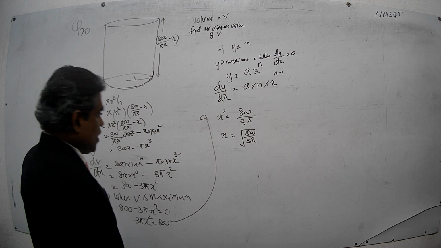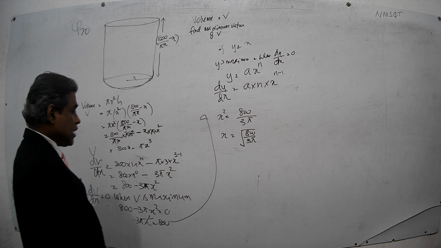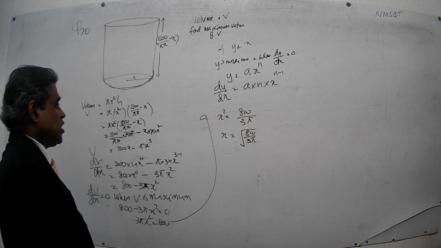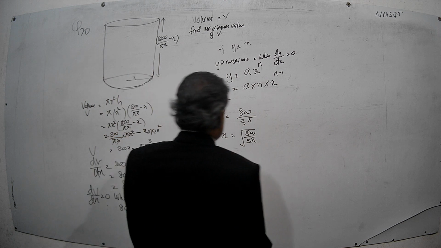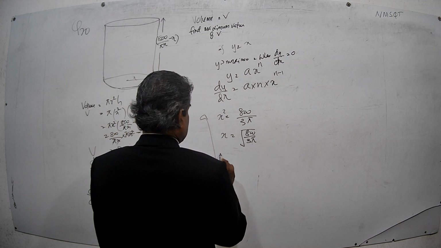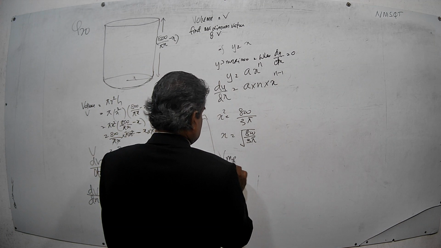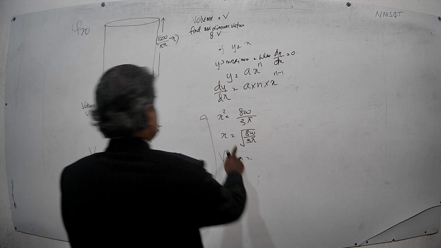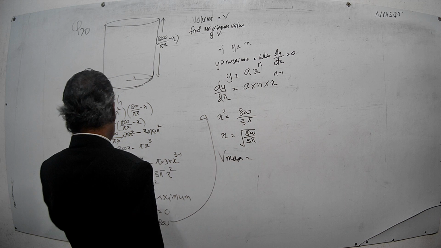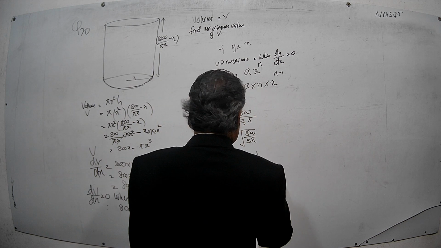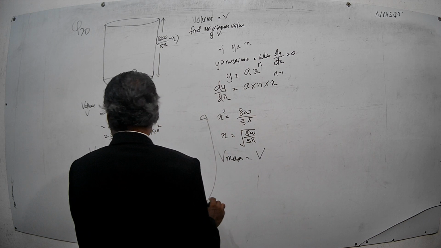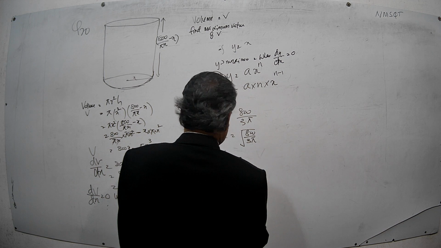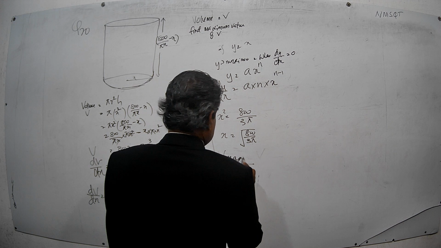Okay. Now that is the x value when v is maximized. Now we substitute this to find the maximum value of v. V max equals the maximum value of v, you substitute this x value into the v formula.